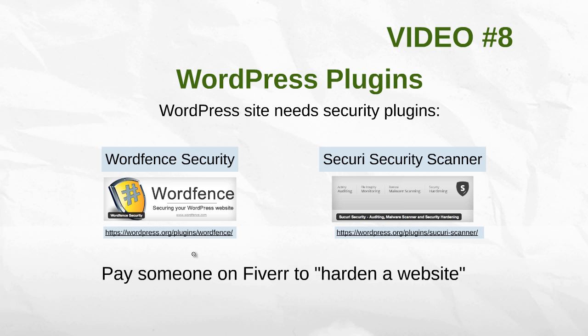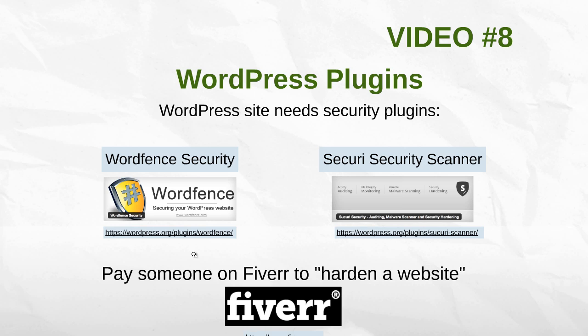And what you'll find is you'll find people who will harden your Wordfence Security or harden your WordPress site with security, and they'll customize it to ensure that your site is secure. Now, Fiverr is a great place to find people that you can simply pay them $5 or $10 to get them to do work for you. And you can do the same with all these other plugins that I will be talking about as well.